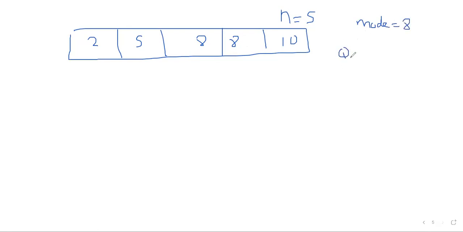Find the lower quartile. It will be Quarter 1 over 4, n plus 1. So it will be 6 in there. 6 divided by 4 is 1.5. It's going to be a decimal, isn't it?